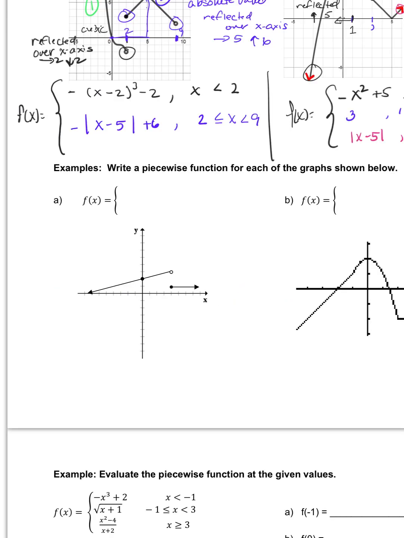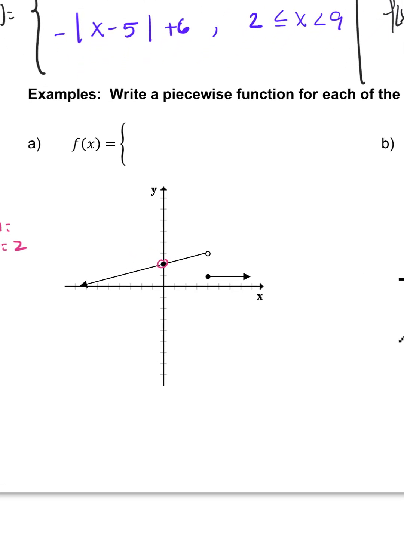All right, here we have two functions, and here we have some stuff happening. So this first part we know is a line right here, okay? So we're going to have to write an equation, so we need a slope and we need the y-intercept. Well, this y-intercept is at 2, and this slope, well, the thing about this one here, let me zoom in as much as I can.